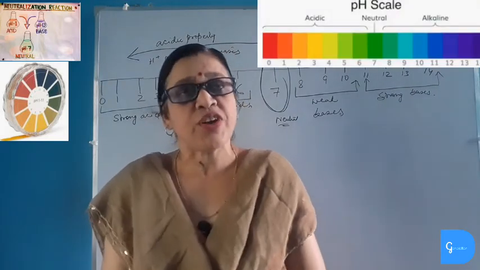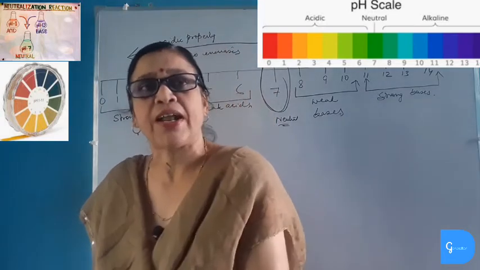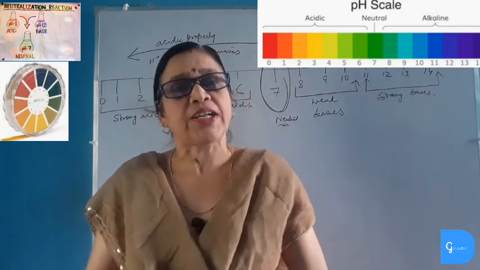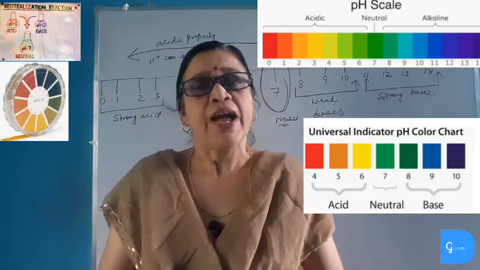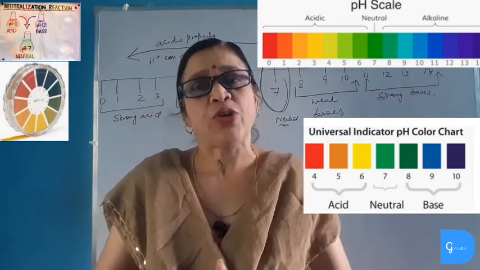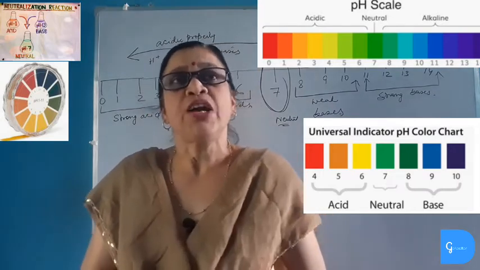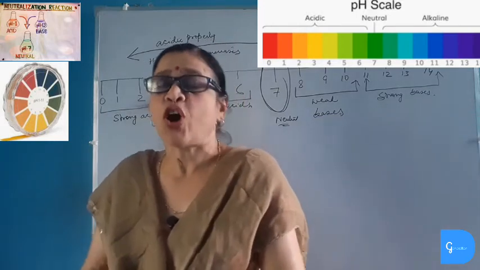So in universal indicator, each acid and each base has a different color, and by matching the color with the pH color chart, we can easily identify whether the solution is acidic or basic, and also find the pH value of that solution. And by knowing the pH value, we can easily say whether the solution is a strong acid or weak acid, or a strong base or weak base.